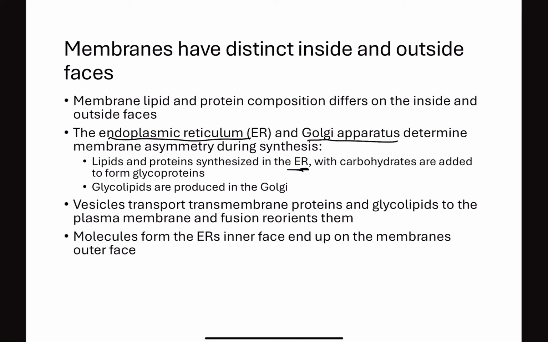When that vesicle fuses with the plasma membrane, it's going to release secretory proteins from the cell, and the outside layer of the vesicle is going to become continuous with the cytoplasmic, so the inner layer of our plasma membrane. It's important that we know that molecules that originate from the endoplasmic reticulum's inner face are going to end up on the outer face of the membrane.